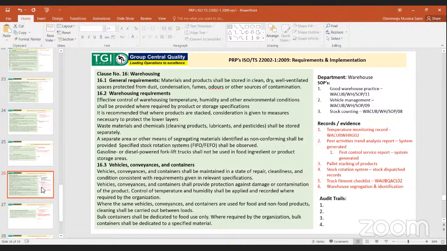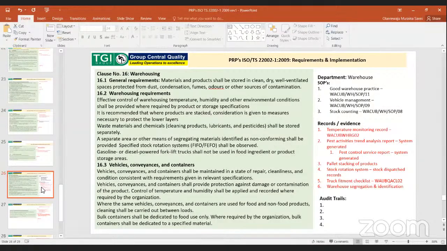So we have been able to identify some records relating to this. We have the good warehouse practice, which is WAKIP warehouse SOP 11. We also have a vehicle management procedure. We also have a stock counting procedure in the warehouse.